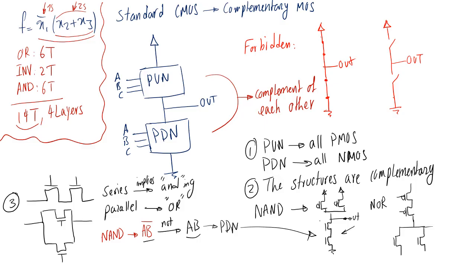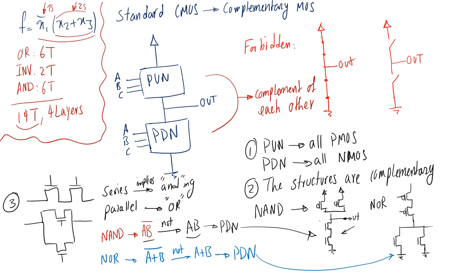The same thing with a NOR gate. For a NOR gate, we're really talking about (A plus B) bar. NOT of that would be just A plus B, and the pull-down network of a NOR gate, you can see here, is basically two parallel transistors.